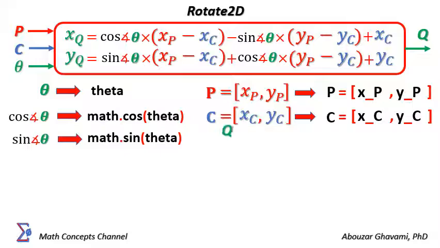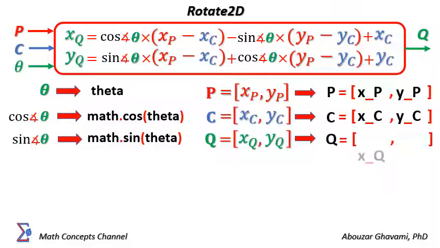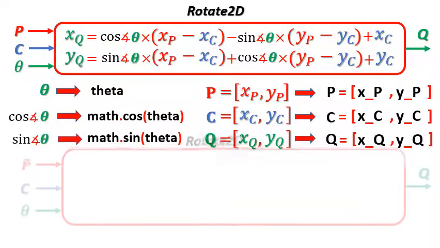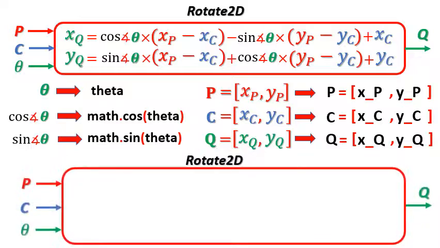And rotated point Q has coordinates xq and yq. We denote rotated point Q in Python as a list with two elements that are xq and yq. After defining each parameter and function in Python format, let's write the 2D rotation equations in Python programming language.